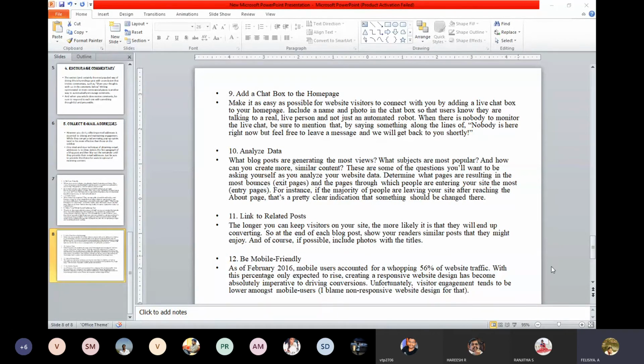Next is be mobile friendly. Whenever you are making a website, make sure it is compatible with mobile. Sometimes when a web page is opened on mobile, whether in a vertical or horizontal way, it does not display well, and some websites do not give a good response on mobile.